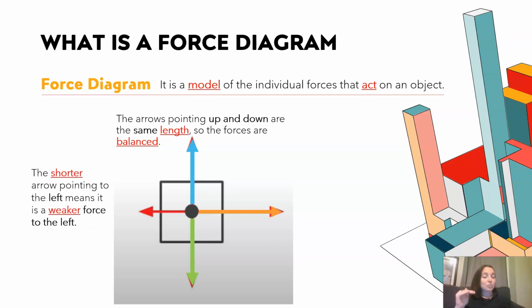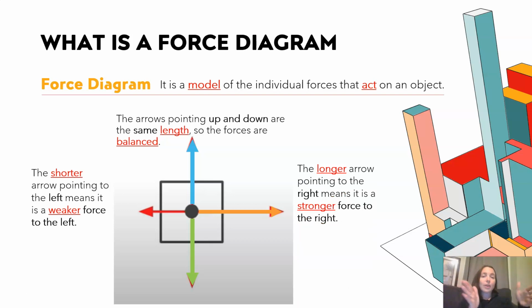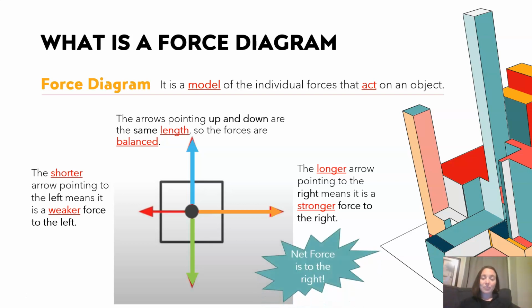When we go left and right, the shorter arrow pointing to the left means it is a weaker force to the left, and the longer arrow pointing to the right means you have a stronger force to the right. So, since up and down are balanced, and left and right you have a stronger force to the right, our net force is to the right. So whatever object this is will begin to accelerate to the right.